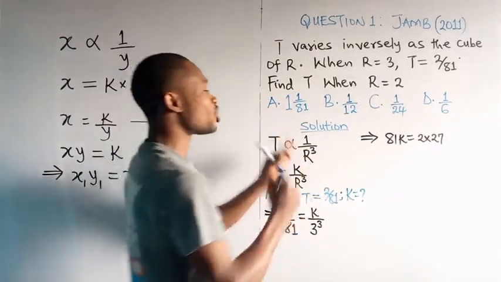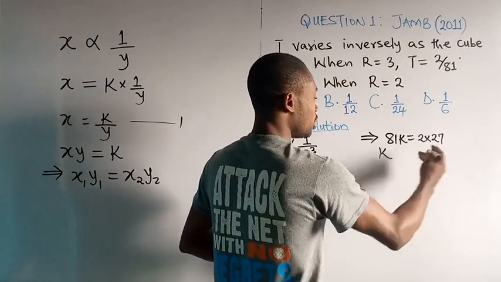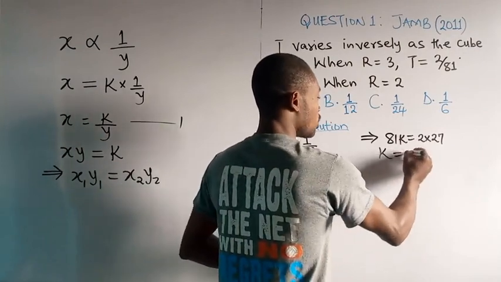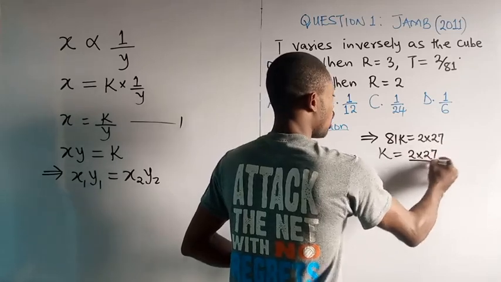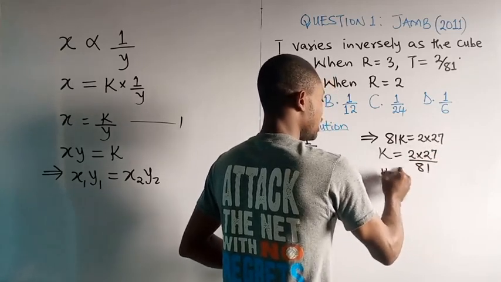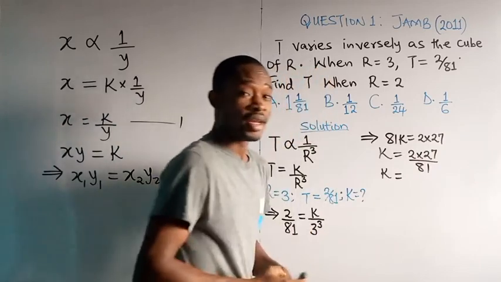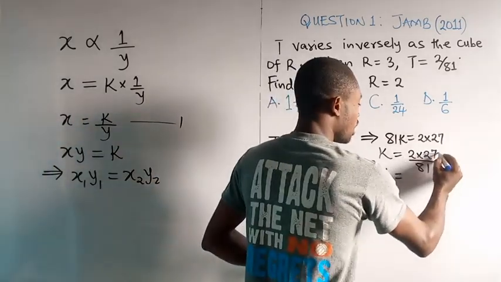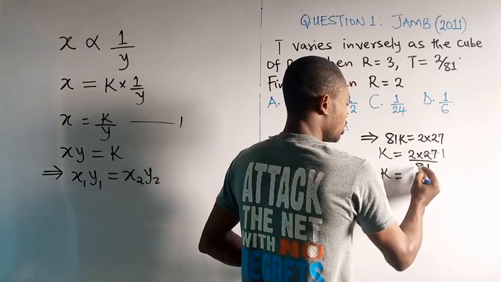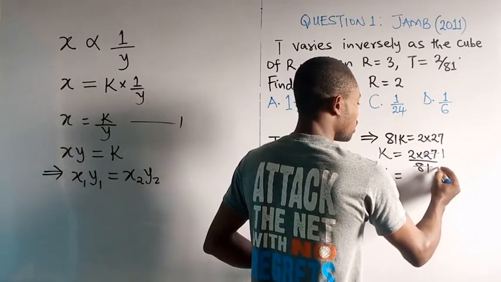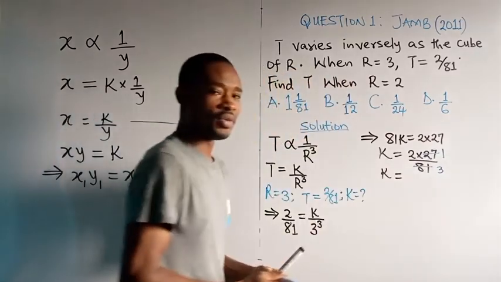Are you following? So that to get my K, I will divide through by 81. So this is going to be 2 times 27 all over 81. And then for K, now watch, I know that 27 can divide 27 to give you 1. And then 27 can divide 81 to give you 3. Are you following right?